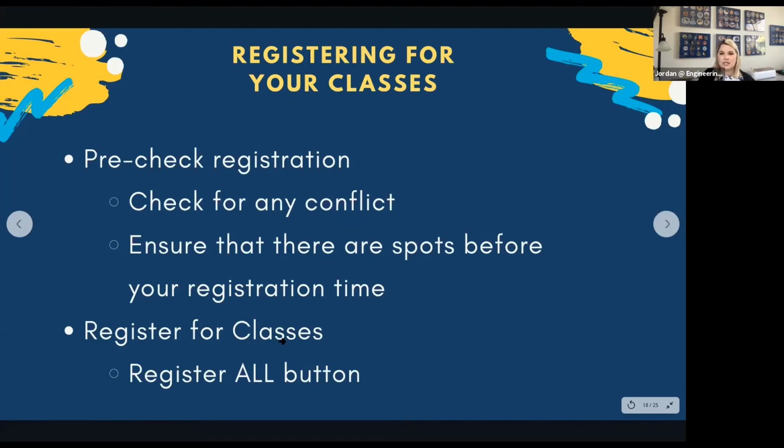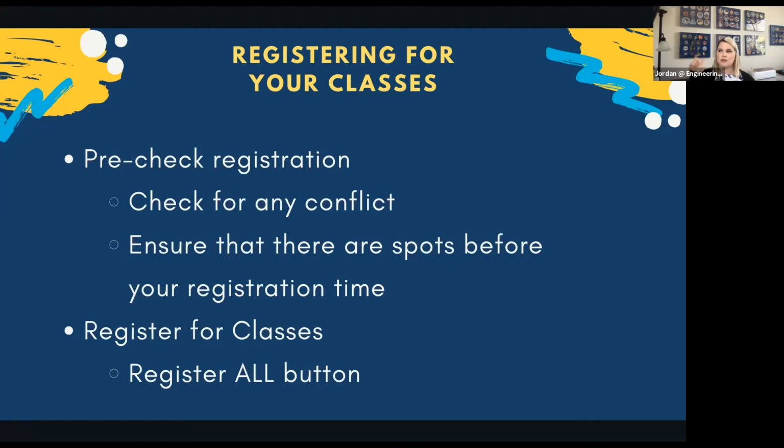So once registration opens and your pass time clicks to the appropriate hour, then you'll be able to use the register all button. Don't hit refresh, don't hit it multiple times, click it once and let it run. It might take up to 30 seconds to a minute for Schedule Builder to push all of your registration. But what you'll see at the end of that push is the classes that you were able to successfully register in.